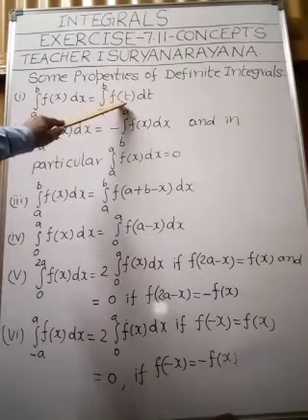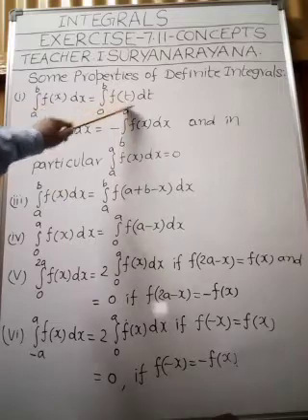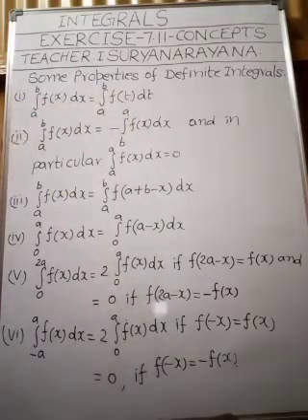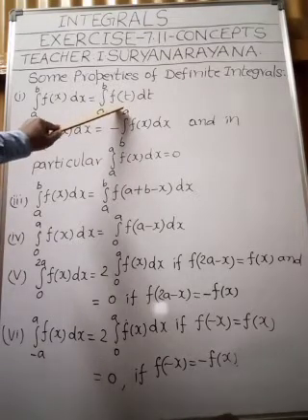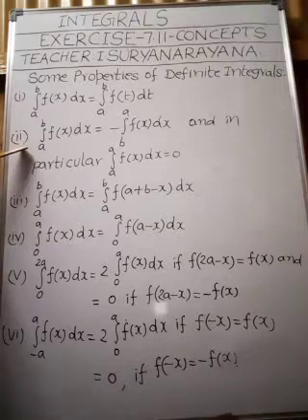We substituted with some function and evaluated, and we took the same limits, lower limit and upper limit. After evaluating the indefinite integral, we substituted upper limit minus lower limit. This is the first property we have already used in exercise 7.10.